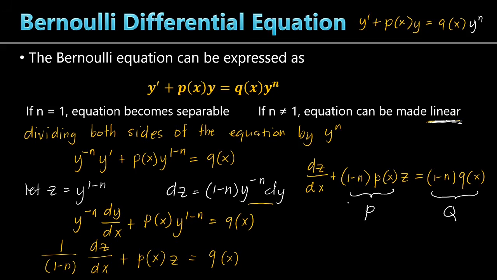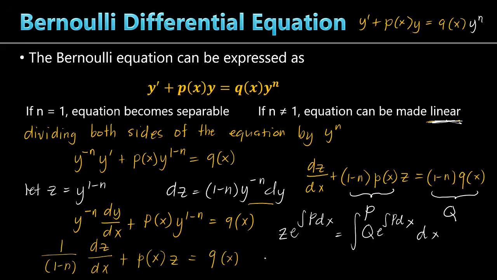Okay? And now, using the known method of solution for linear differential equations, if you remember the y e to the integral of P dx, however, this time the dependent variable is no longer y, it's now z. Okay? So we will be using z e to the integral of, this time it's capital letter P, dx equals the integral of capital letter Q times e to the integral of capital letter P dx and then dx.